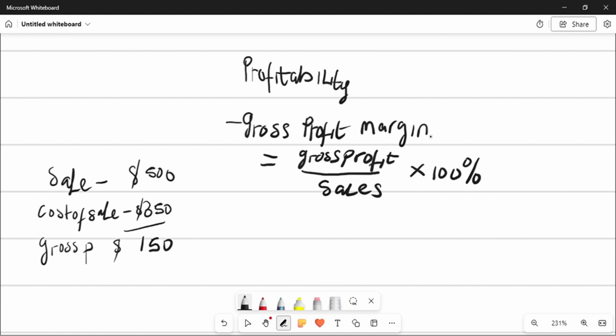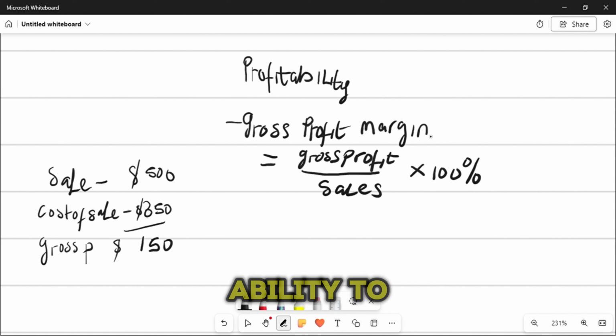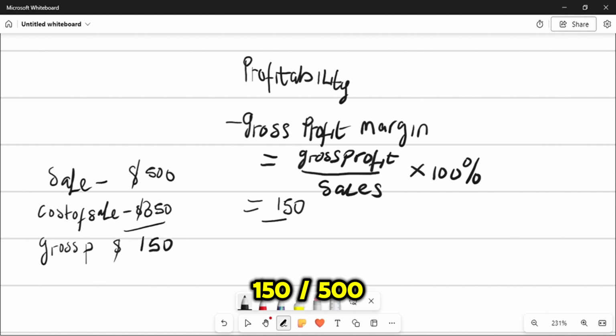Now an investor should not gauge the ability to invest in this company based on this gross profit alone. No, they are to use the percentage of this gross profit on the sales. So if we're supposed to do the gross profit margin for this, it would be 150 divided by 500 times 100%.